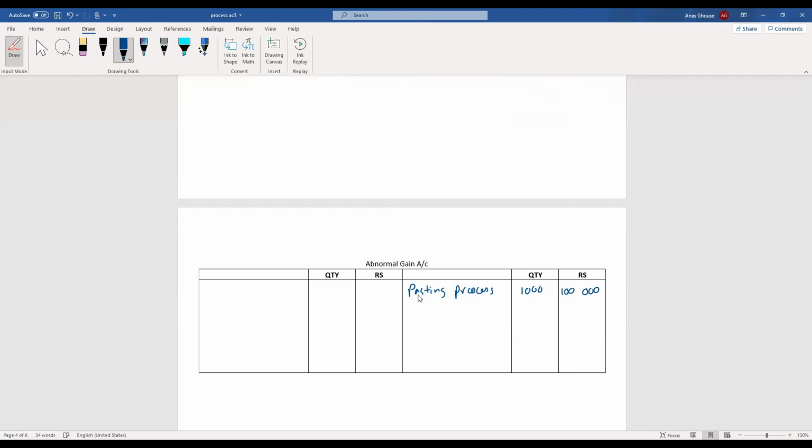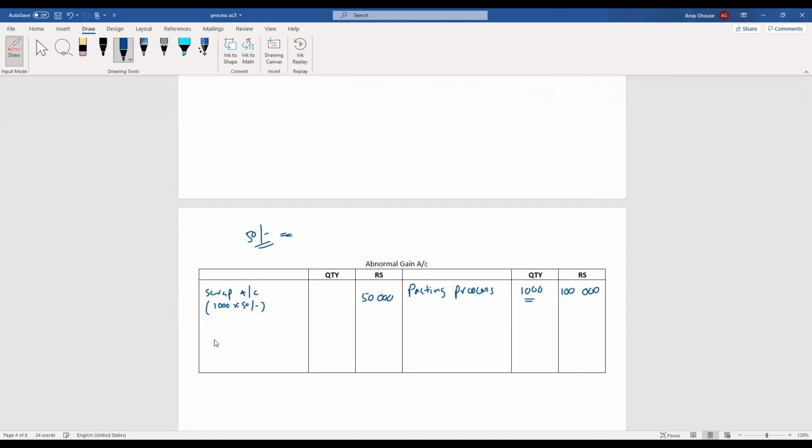Now, since this abnormal gain of 1,000, if there were an abnormal loss, that loss could be sold for 50. In this scenario, we will lose this 50. So therefore, the scrap account has to be credited with 1,000 times the scrap value 50, which is 50,000. So we are not going to realize this amount.